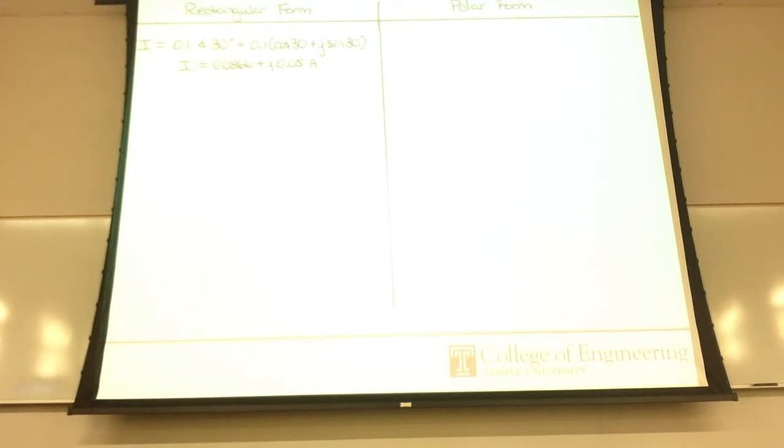It is 0.1 cos of 30 degree plus j sine of 30 degree, which turns into a real or a complex number? Complex, right. So my I is complex. We already have Z, which is complex. So all we have to do is multiply the two. Do you see that? I have I complex, Z complex, and then I have to multiply both of them.